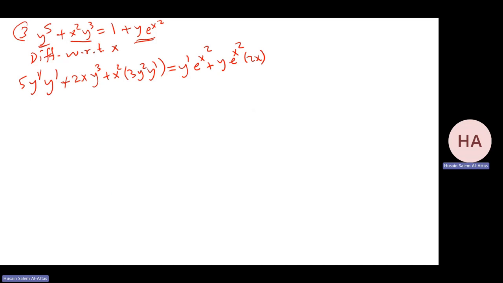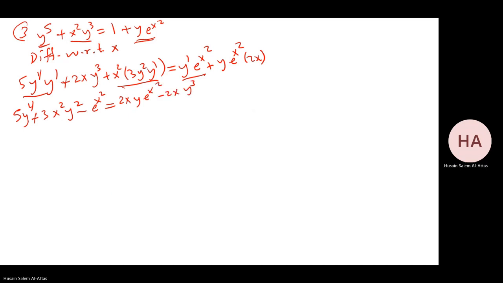Now combine the ones with y prime on one side, the ones with no y prime on the other side. So I have 5y to the power 4, I have this, and this. This is the one with the y prime: plus 3x squared y squared, plus, not minus, sorry. This is minus a x squared, equals this: 2xy a x squared minus 2xy cubed. I move this to the other side, so I change the sign.